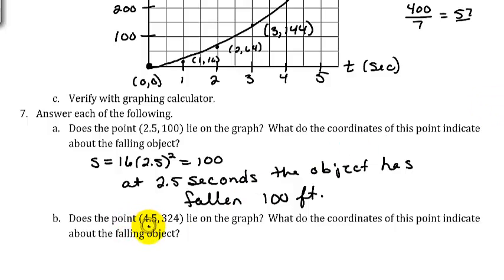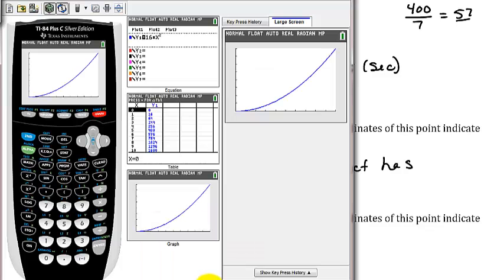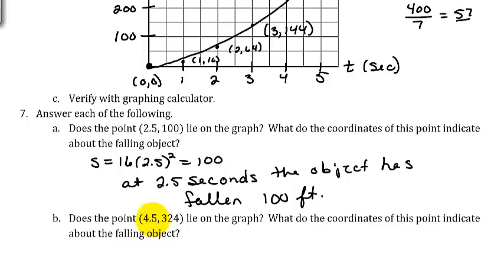Does the point 4.5, 324 lie on the graph? And so now I'll do it the other way. We could go over to our graphing calculator, and we could use the trace function. And the trace function will put a dot on your graph. And so you see right now it's actually on the point that I was interested in, 2.5, 100. But now I want to know about this other point, 4.5, is it 324?